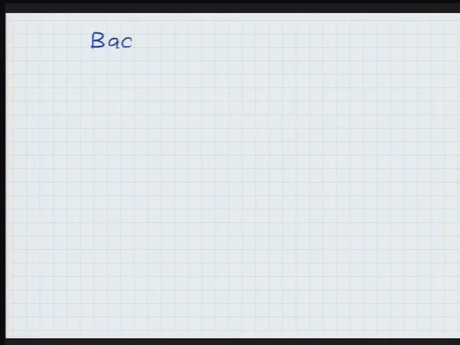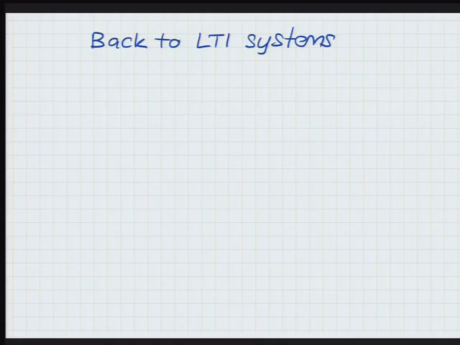They've been ignored for some time. Back to LTI systems. Alright, so in lecture 3, my notes say, that's one good thing about having notes, you can remember when things happen.